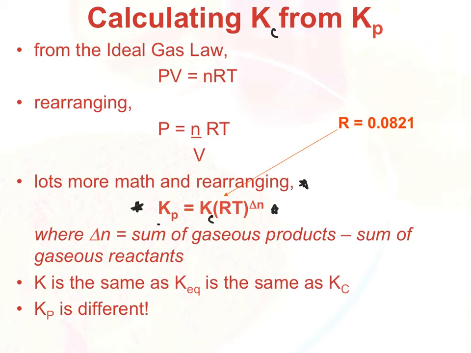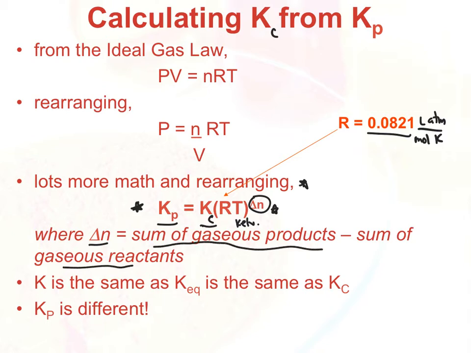So basically Kp is going to be equal to your Kc times your ideal gas constant, which is this one right here, so your liters atm per mole Kelvin, times your temperature in Kelvin, all to the power of delta n. And delta n, guys, is the total number of gaseous products minus the total number of gaseous reactants.